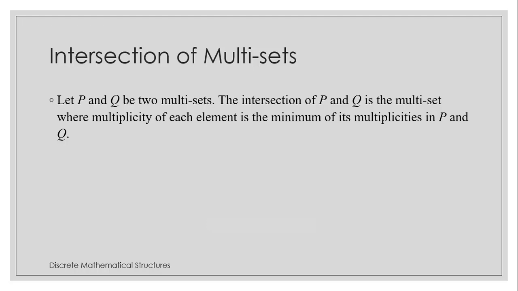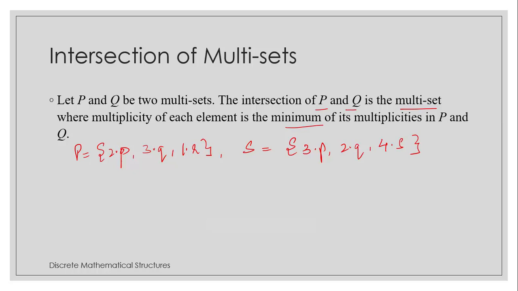Now the intersection of multisets P and Q will be the multiset where the multiplicity of each element is the minimum of its multiplicities in P and Q. Continuing with the same example, P is 2 dot P, 3 dot Q, 1 dot R, and Q is 3 dot P, 2 dot Q, 4 dot S. Now in this case, P intersection Q will be a multiset where the minimum multiplicity of P is 2, so 2 dot P, and the minimum multiplicity of Q is 2, so 2 dot Q. Now the minimum multiplicity of R is 0, so there is no point including R in the answer because it occurs 0 times.